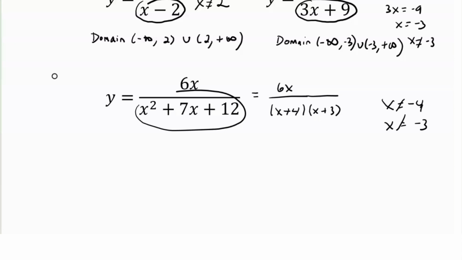Our domain in this case would be negative infinity to negative 4 union negative 4 to negative 3 union negative 3 to positive infinity. All right, so that's how we would deal with rational functions. And let's look at radical functions next.